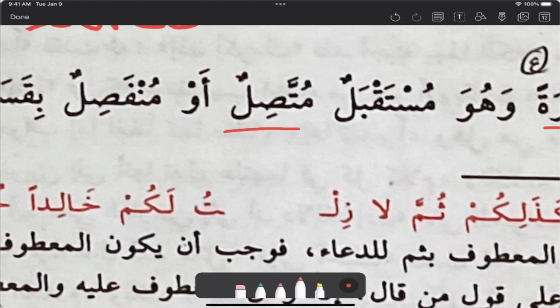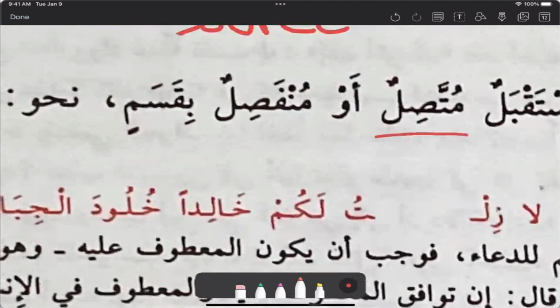Muttasil, and connected to the verb. In direct contact with the fi'l mudari', not separated from it. Oh, munfasilun biqasam, or it could be disconnected from the verb by a swear. Wallahi, idhan wallahi ukrimak.